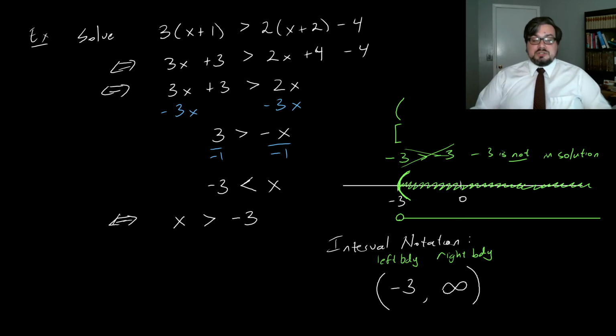So our solution to this inequality is the set of all numbers from -3 to infinity. That's the way that you solve linear inequalities that are simple.